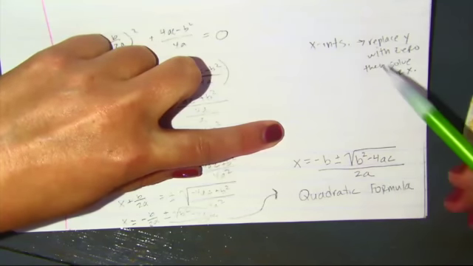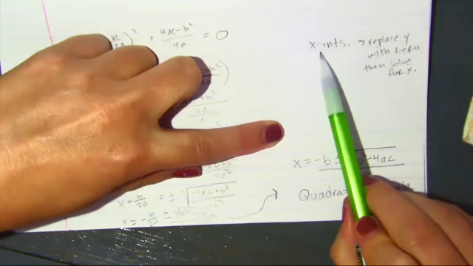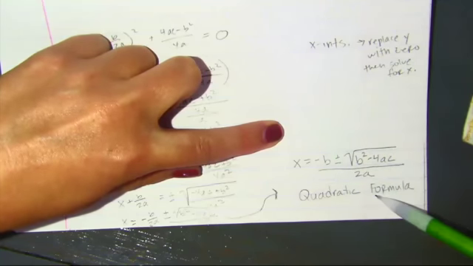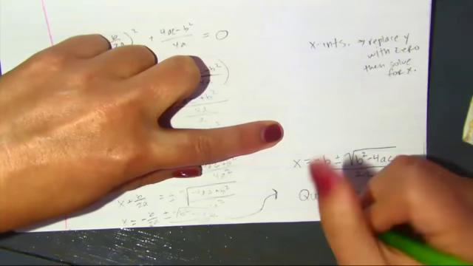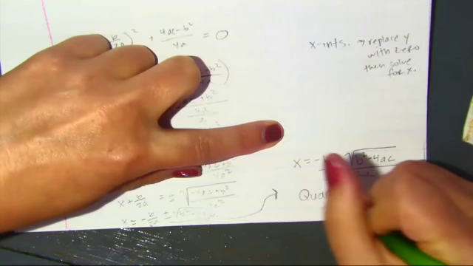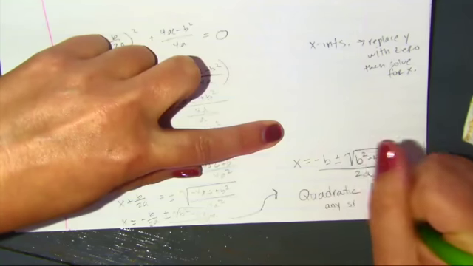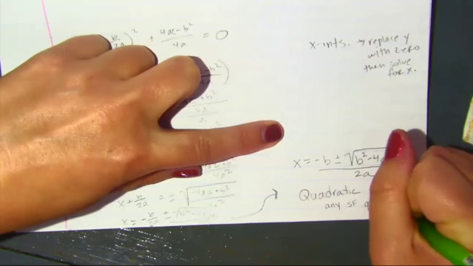Remember, this whole thing was to find those x-intercepts. We replaced y with 0 and solved for x. So this quadratic formula will tell you the x-intercepts of any quadratic written in standard form every time. Any standard form quadratic.